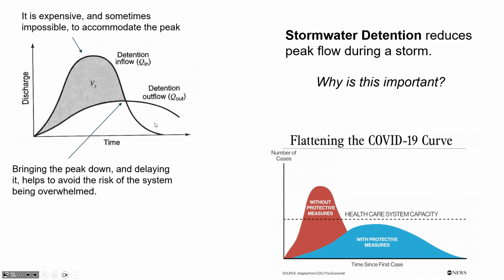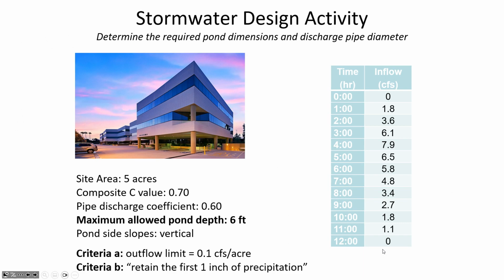So it's kind of an interesting analogy. When I started seeing figures like this online in the early days of the pandemic, I naturally understood what they were talking about with flattening the curve, because it's similar to a lot of things that we do in environmental engineering and hydrology.